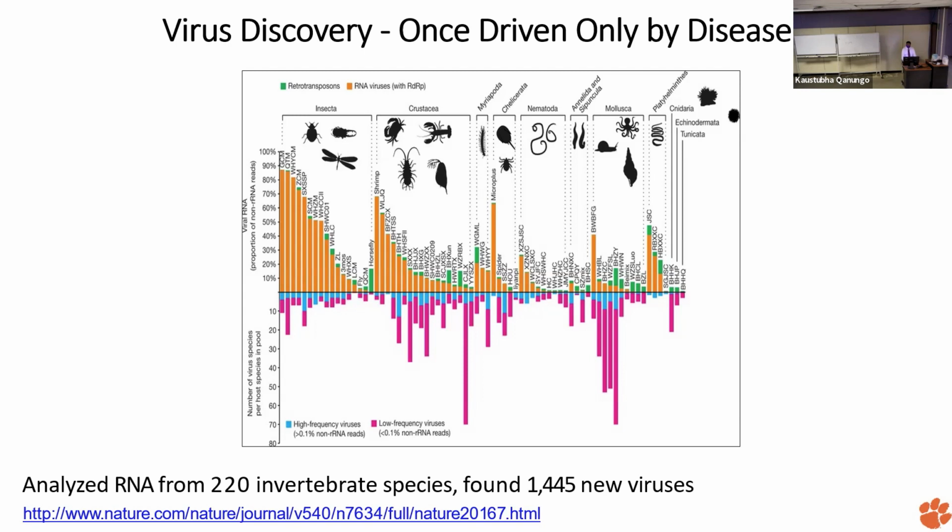You can see the full Nature article here. At some point this will almost be saturated, because people are sampling every possible place to see what viruses are in these samples.